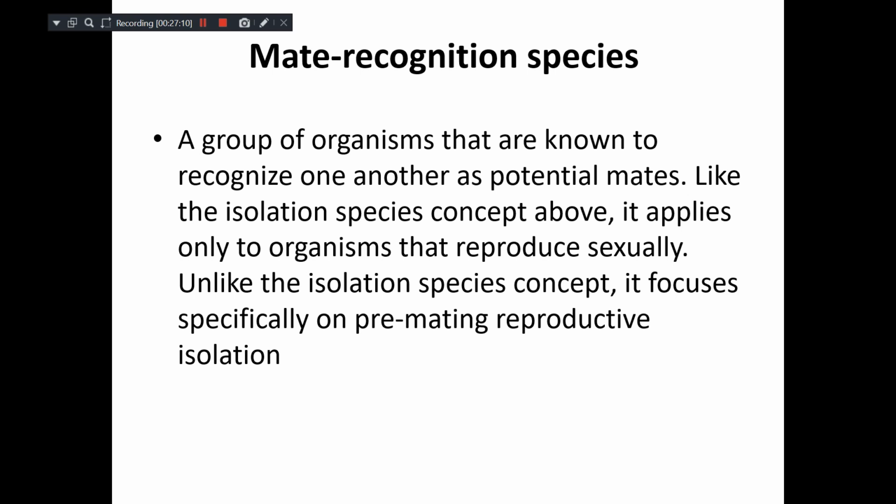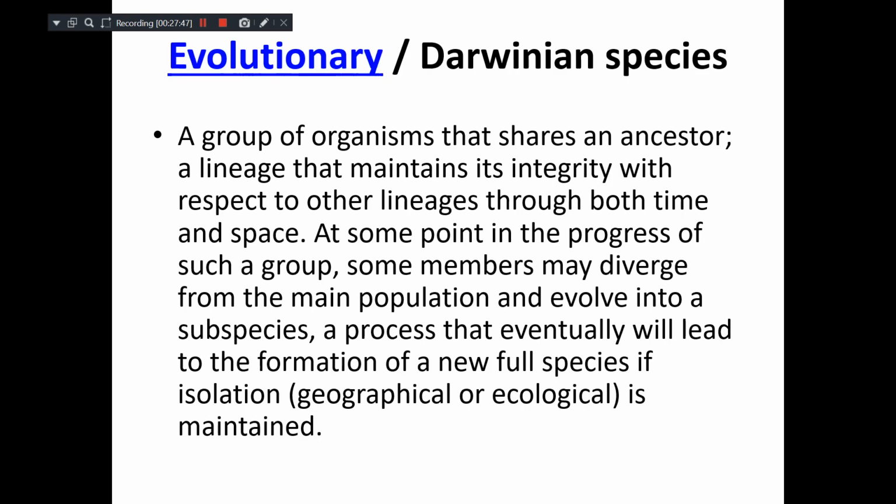Sometimes two individuals will recognize each other as potential mates, but the courtship behavior differs. Because of the difference in courtship behavior, they cannot mate. They cannot undertake reproduction. Then whether to include them under mate recognition species or not is still a mystery.